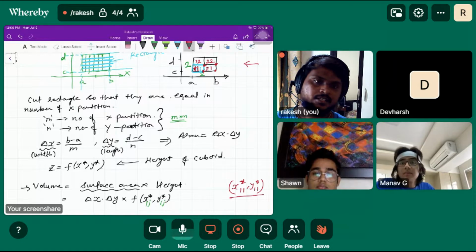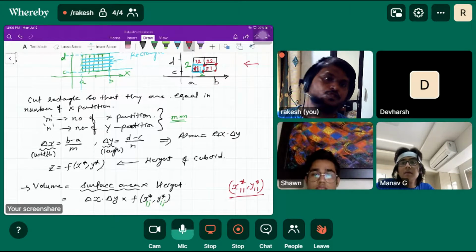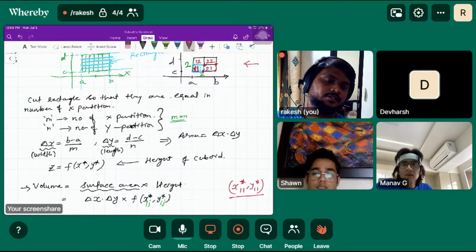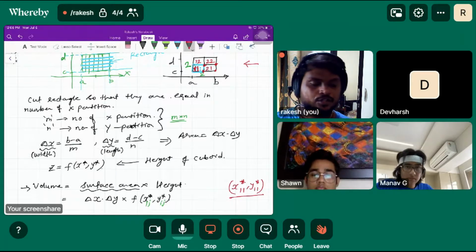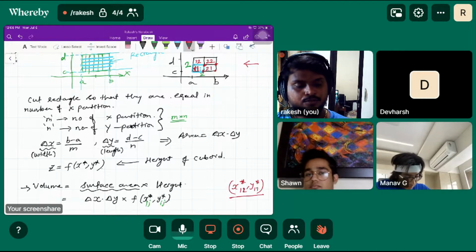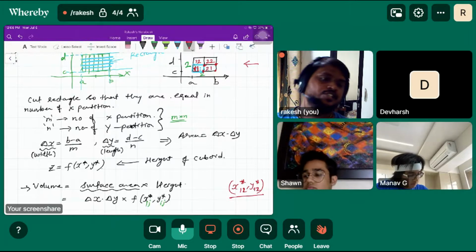It lies in the rectangle whose position is 1 1. And if I say x12 star, y12 star, the rectangle whose position is 1 2.